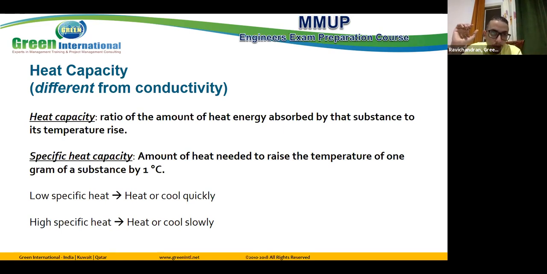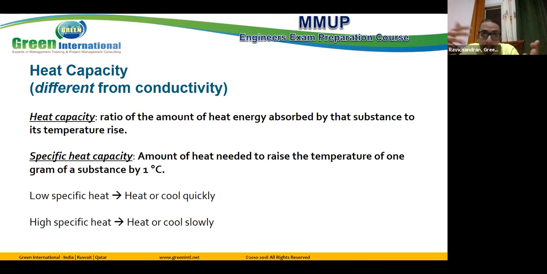This is the difference between the two. For specific heat capacity, we fix the temperature rise at 1 degree C, so it is constant. So I measure for all substances the amount of heat required to raise the temperature of 1 gram by 1 degree C. I apply the same thing for all materials, so this is considered a property of the material, just like thermal conductivity.